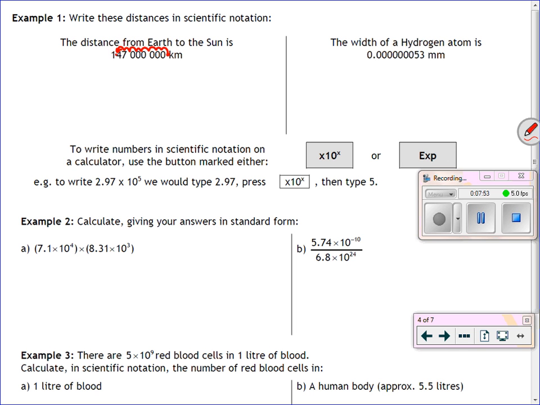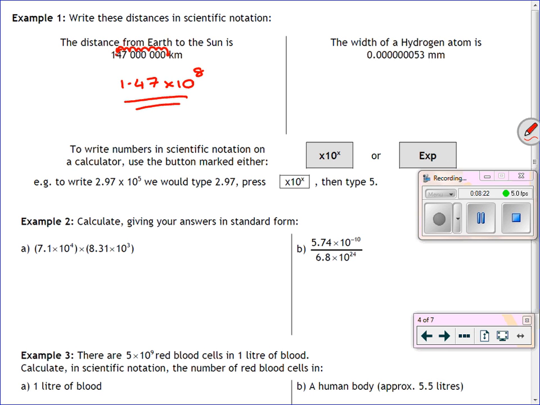Okay, so because the decimal point jumps 8 places, we get the leading number 1.47. The times 10 bit is the standard form part, that always stays the same. So it's 1.47 times 10 to the power of, and remember the amount of jumps that the decimal point did was 8. So 1.47 times 10 to the power of 8.